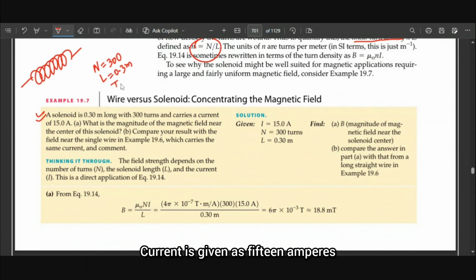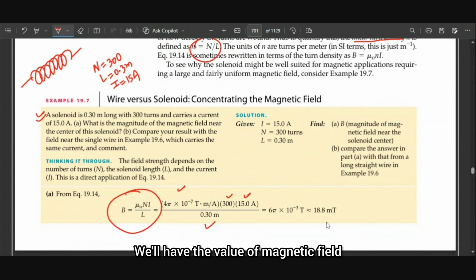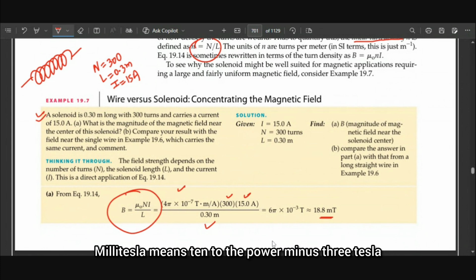Current is given as 15 amperes. What is the magnitude of magnetic field near the center of the solenoid? We will use this formula, substitute the values, and the magnetic field comes out to be 18.8 millitesla. Millitesla means 10 to the power minus 3 Tesla.